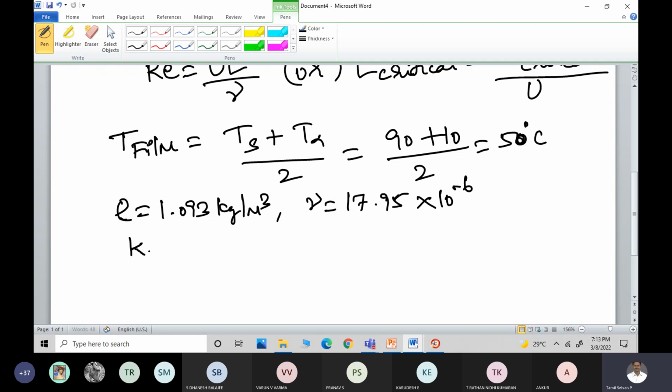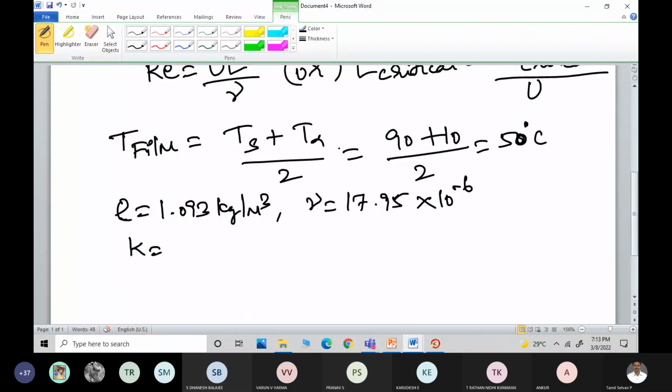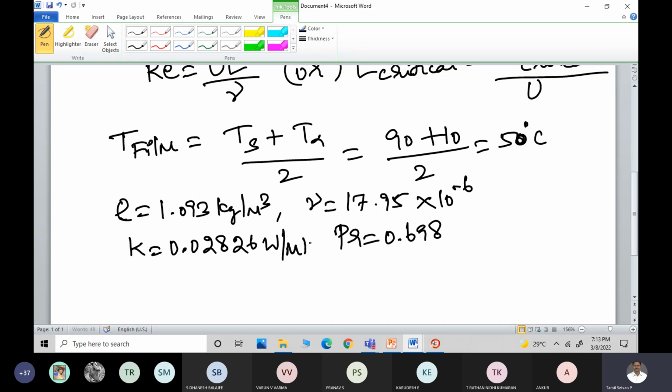K value: 0.02826 watt per meter Kelvin, and Prandtl number is 0.698. Units are also important. So these values we found.